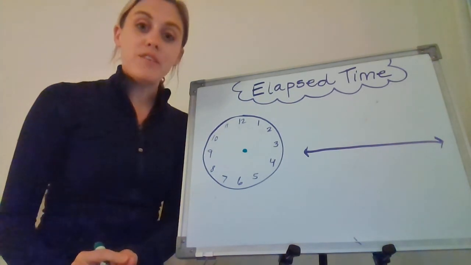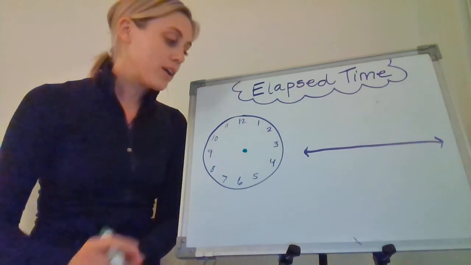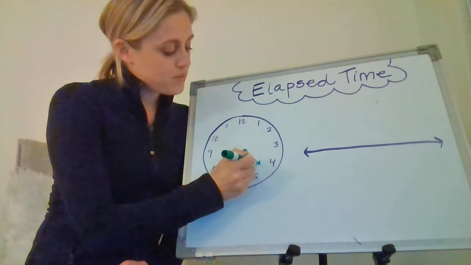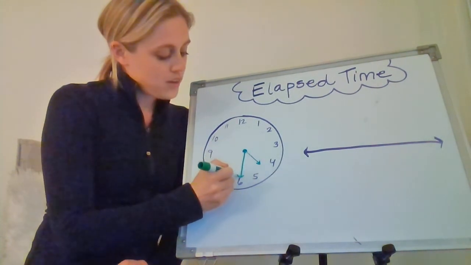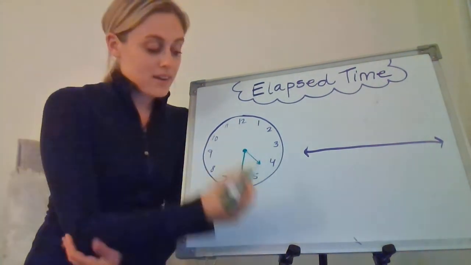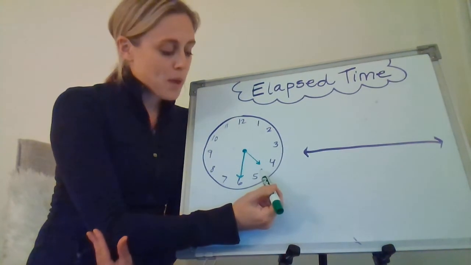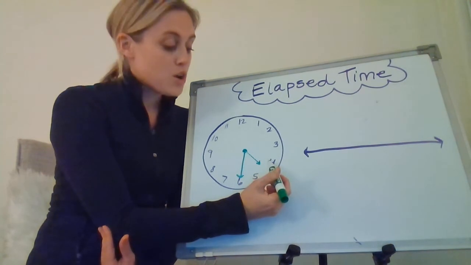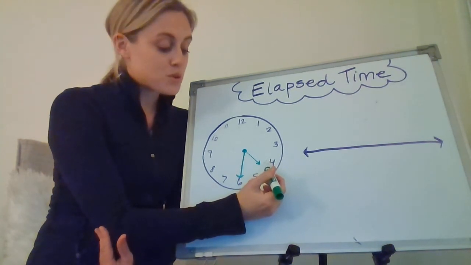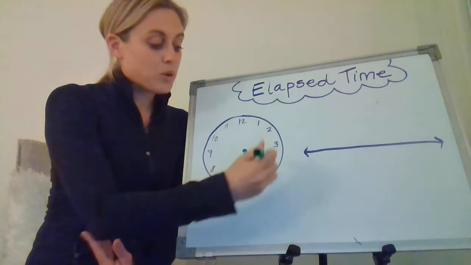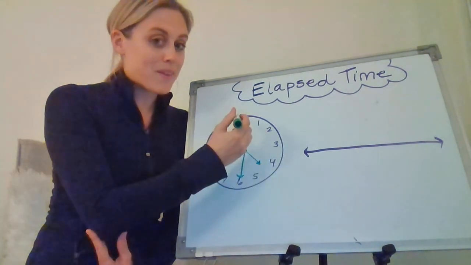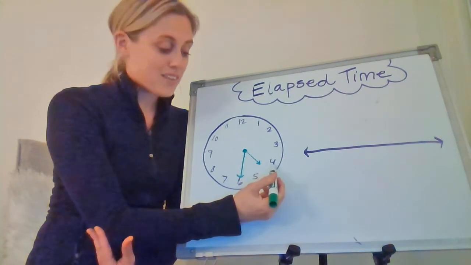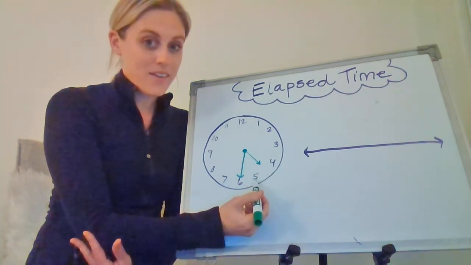Let's say you finished all of your schoolwork at 4:30. I want you to notice something. I know that I said 4, but I put it right in between 4 and 5. Our hour hand moves super slow throughout the whole time the minute hand makes its way around the clock. So at 4:30, our hour hand is exactly between the 4 and the 5, okay?